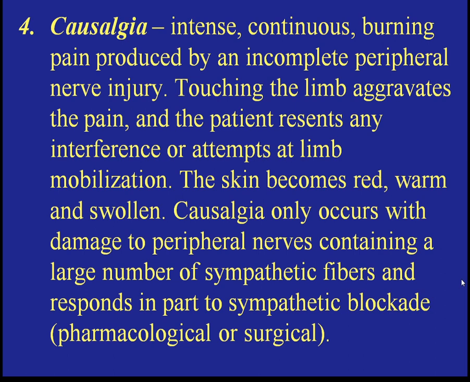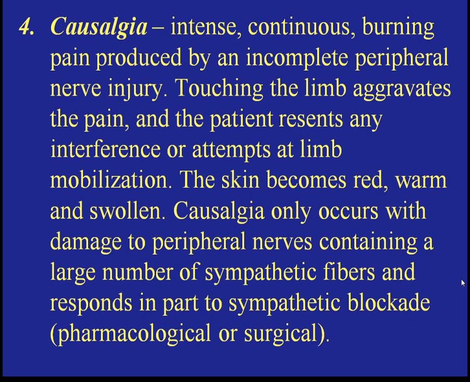Very interesting phenomenon, causalgia, intense, continuous, burning pain produced by an incomplete peripheral nerve injury. Touching the limb aggravates the pain, and the patient resents any interference or attempts at limb mobilization. The skin becomes red, warm, and swollen.